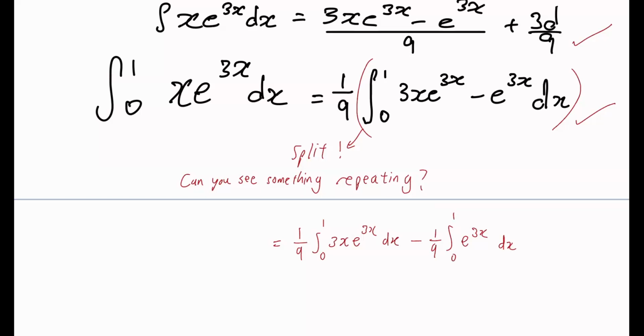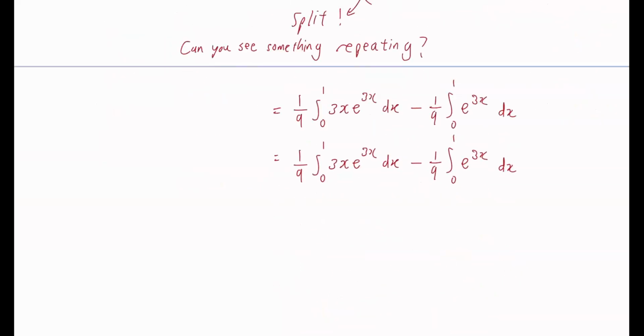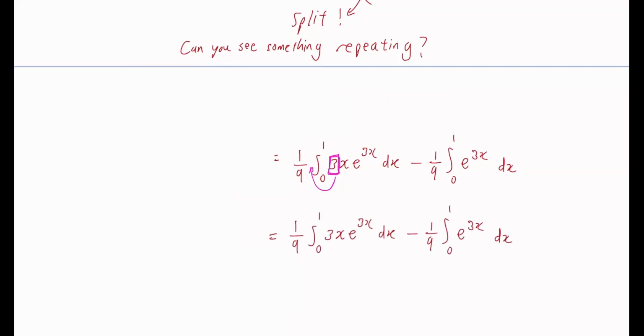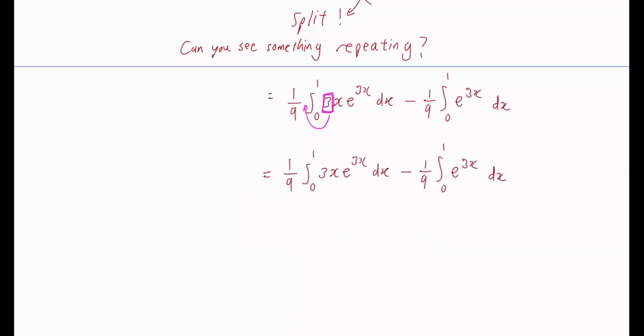Interesting. Let's see something else that happens. There's a 3 factor in front of the x times e power 3x. Can you see the 3 there? Factor out. So that means you're left with what? x e to the power of 3x. Yes.